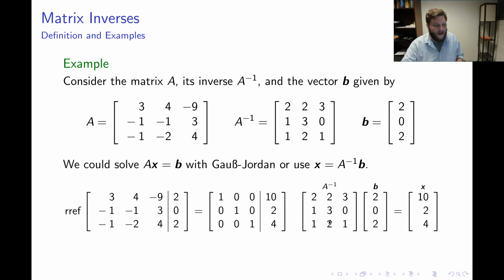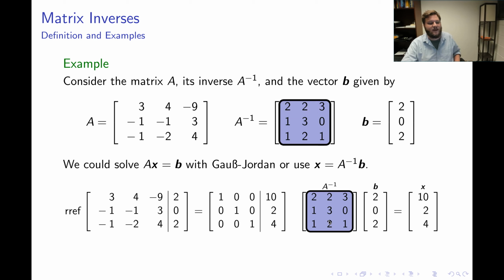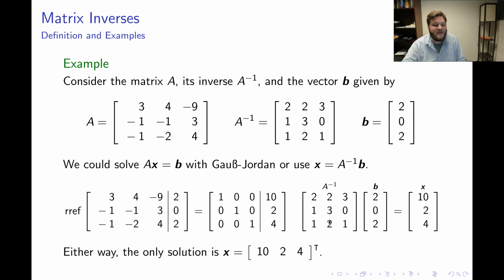So I did that matrix multiplication, I took A inverse, and I multiplied by B, and this produced the X I was looking for. The coordinates here are 10, 2, 4. Now this just so happens to be exactly what we got when we reduced the system earlier. So either way you do it, you end up with the same solution. The point is that it's much faster just to multiply this vector B by A inverse than it is to augment A with the vector B and then do all of our row reductions.